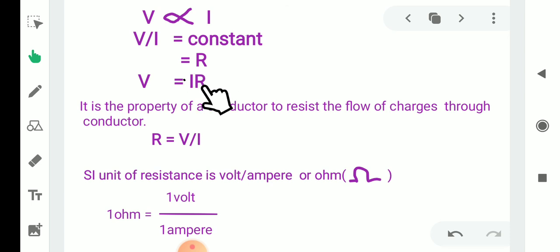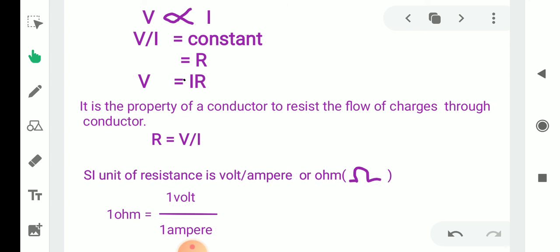So what is resistance? It is the property of a conductor which resists or opposes the flow of electric current, that means the flow of charges, the flow of electrons.